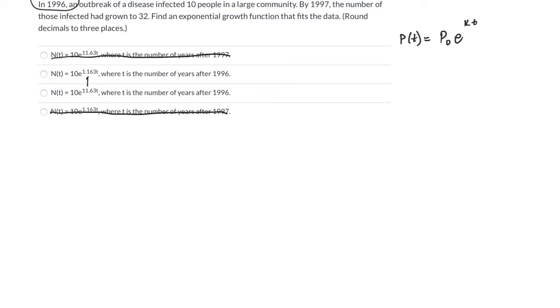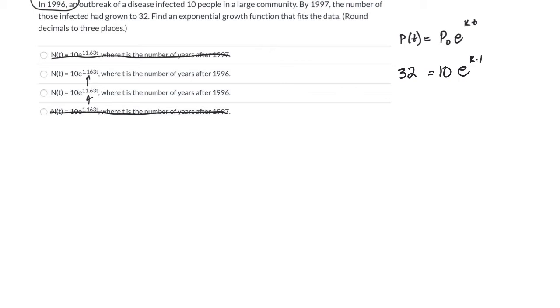So really, I'm just going to look for what that k value is. So here's my formula. I'm starting with 10 people, and I'm winding up with 32 people, and I don't know the k value, but I know that the time from 96 to 97 is just 1 year.